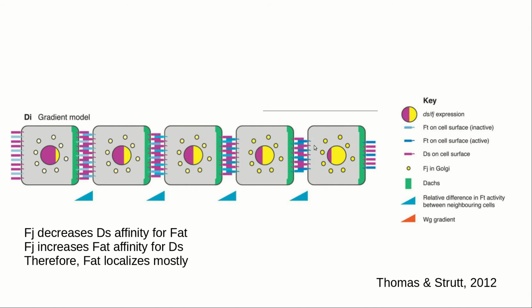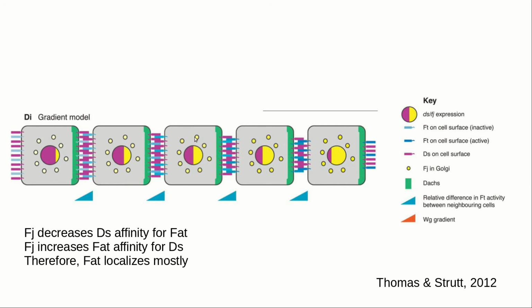So the Fat that is inside the cell goes towards contacts with cells that have more Dachsous, which are cells in the periphery, because these cells have more Dachsous and less Four-jointed. So these cells with more Dachsous bind to the Fat of the cells that are more central in the disc.